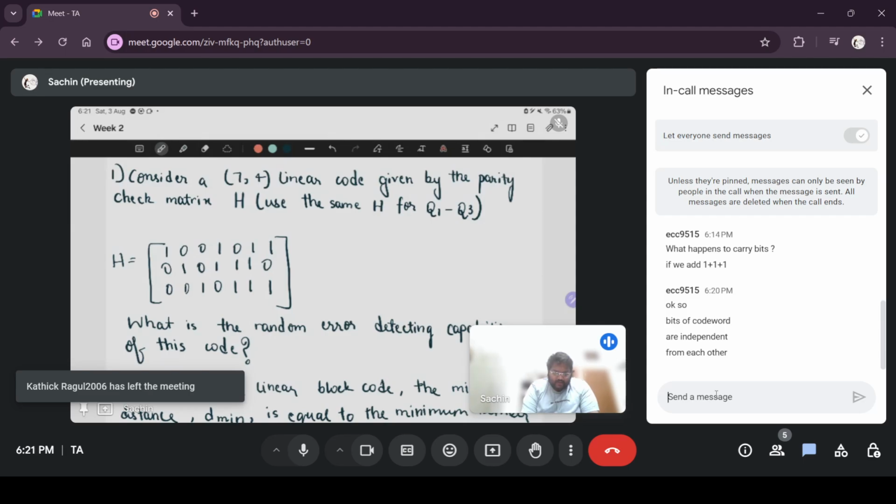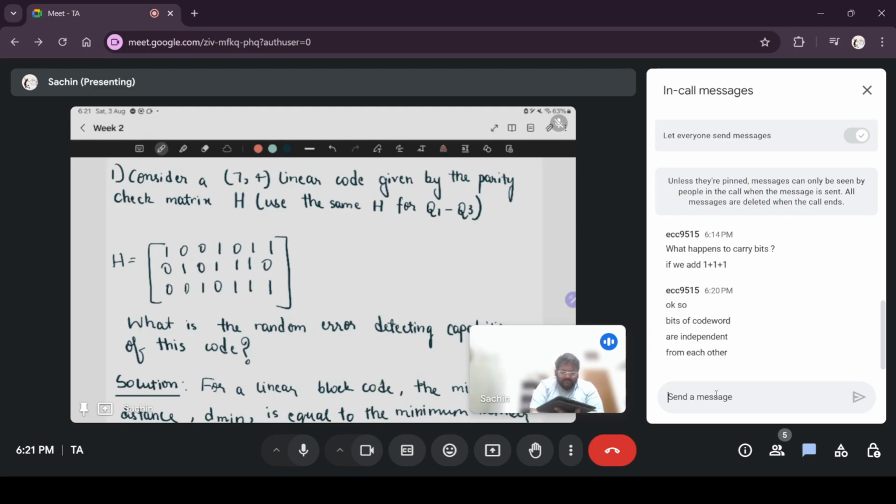No, bits of the code word are not independent. They are very much dependent on each other. The way you get the code word is by taking linear combinations of the rows of the generator matrix, right? So if you have a message vector u, you multiply that with the generator matrix. If your u is u1, u2 to uk, you'll have k rows.